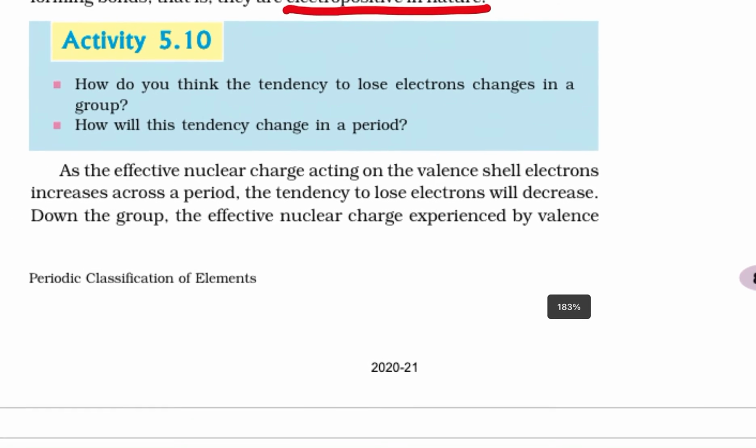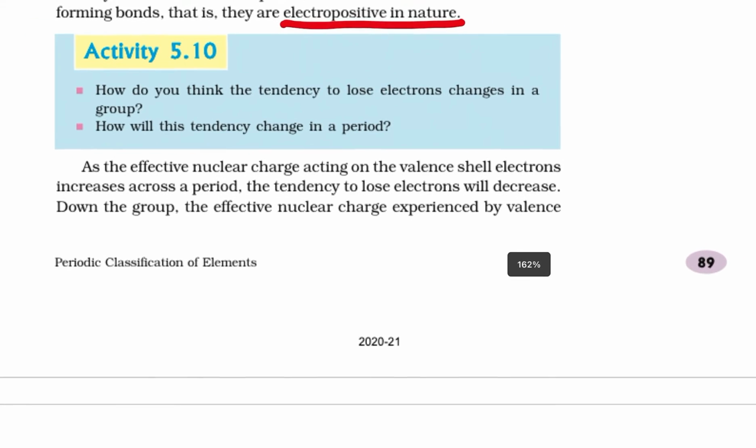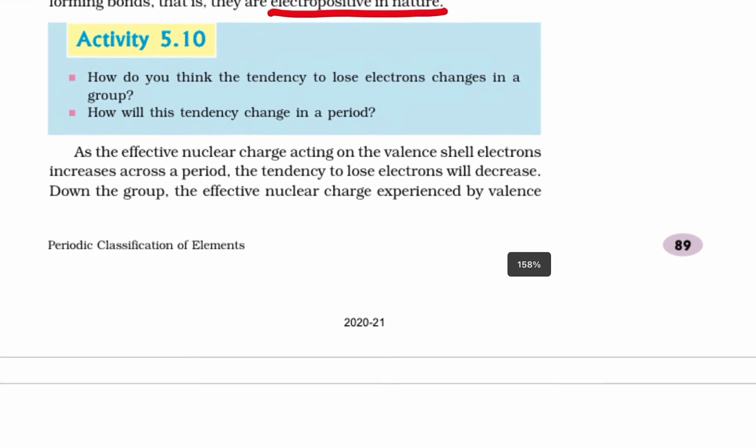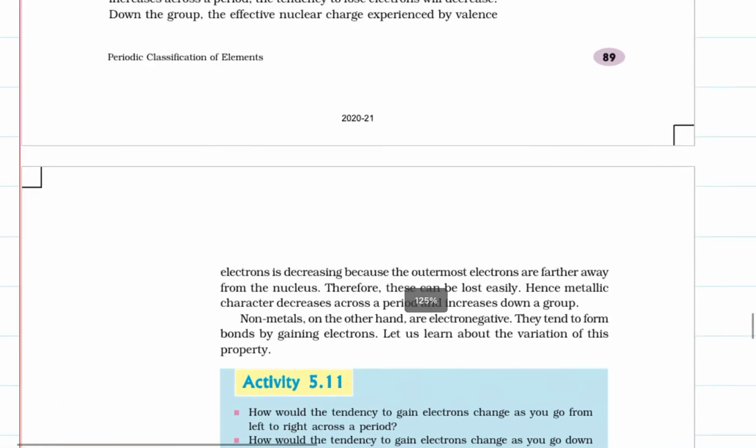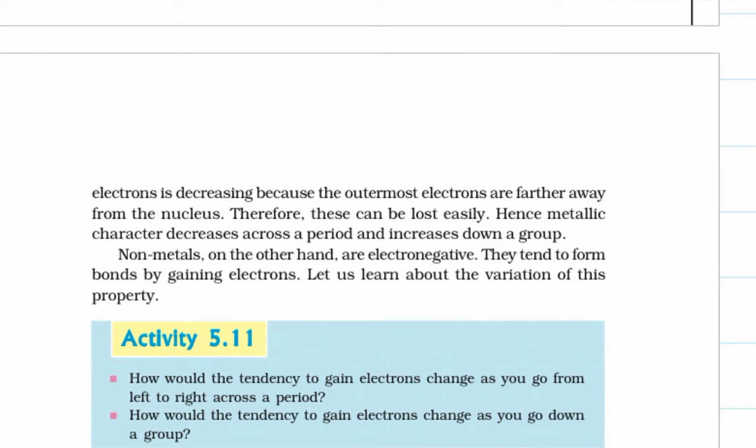So as you go across the period, the tendency of losing electrons decreases, and down the group, the effective nuclear charge experienced by the valence electron is decreased because the outermost electrons are further away from the nucleus. Therefore, they can be lost easily.